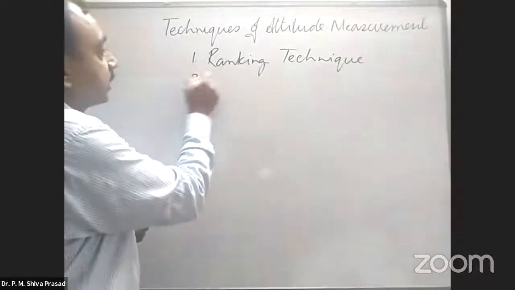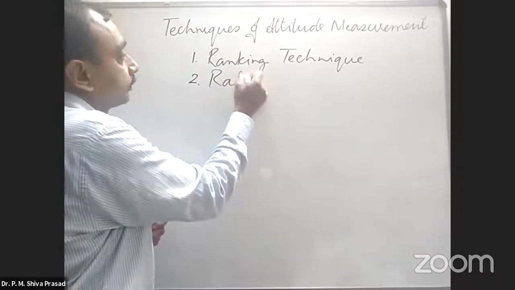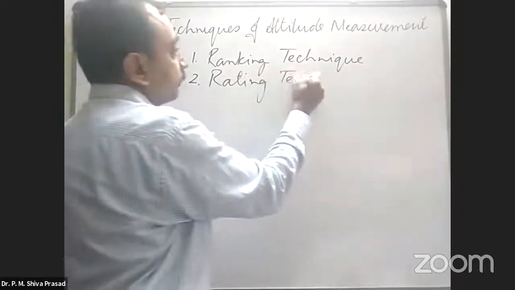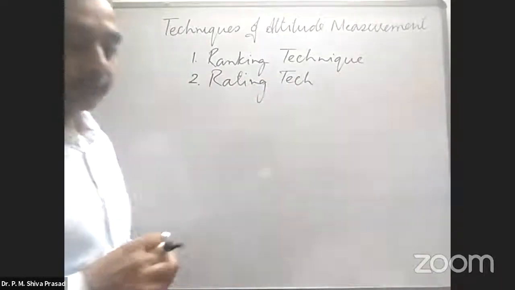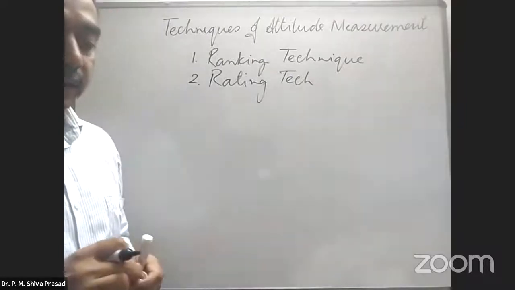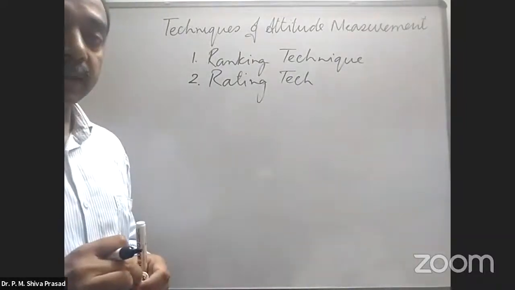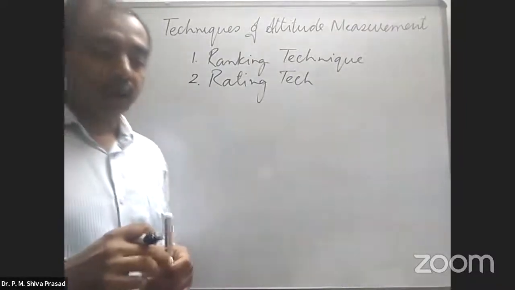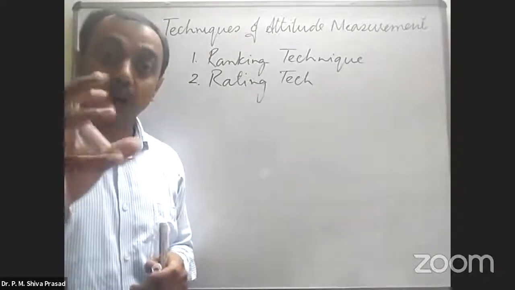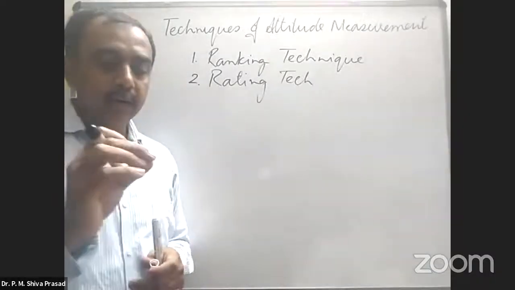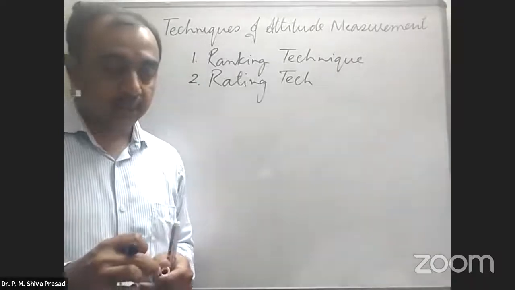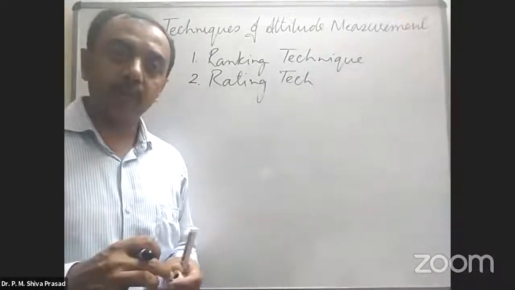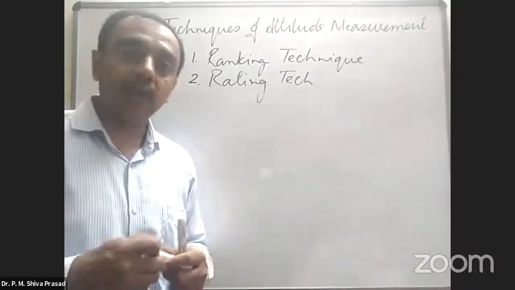Then the second one is the rating technique. In this case, we are going to estimate the magnitude of a characteristic or quality that the object possesses. How are we going to rate the quality of a product?